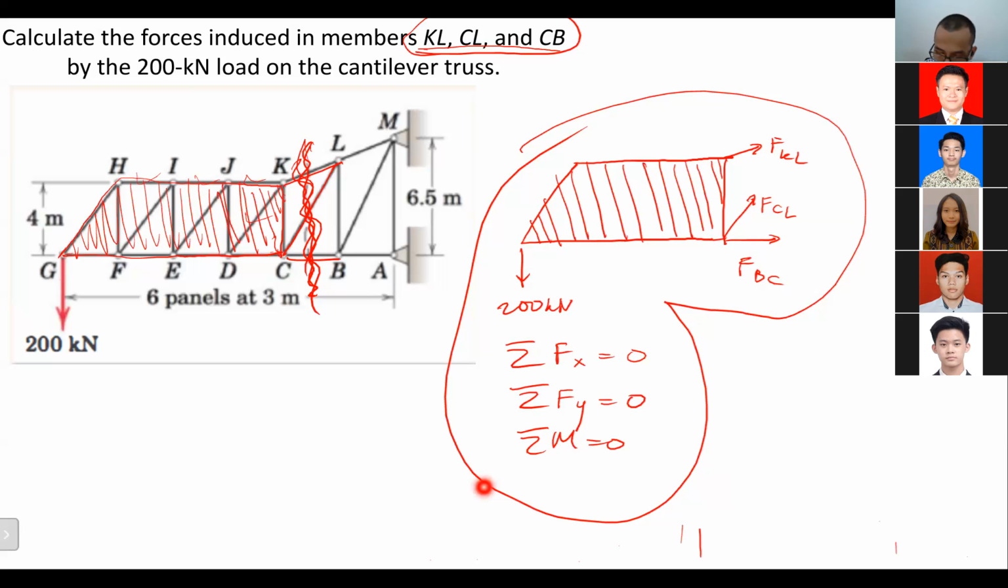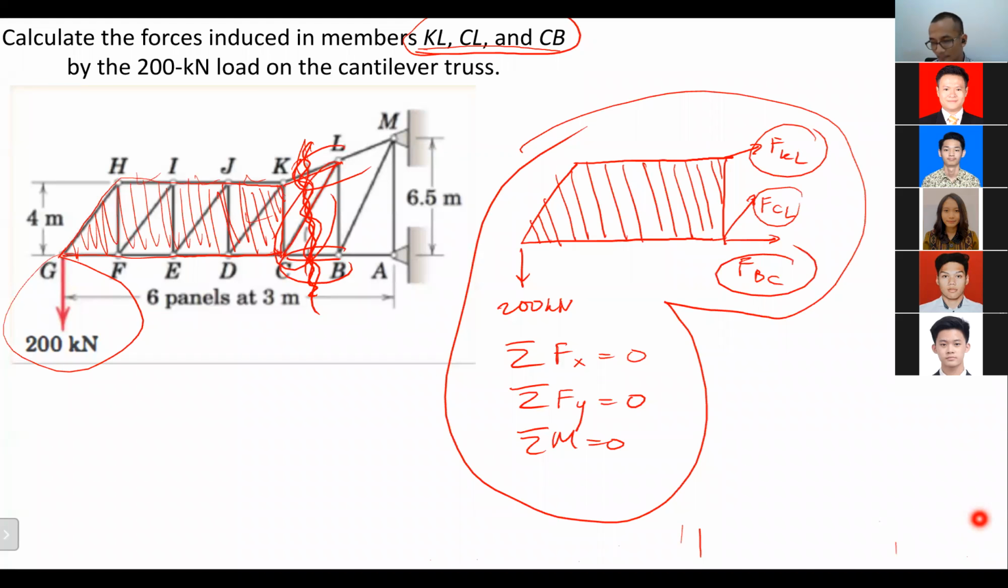The external forces there will be just this one, 200 kilonewton, and FBC, FCL, and FKL. That's why I can solve for FKL, CL, and BC by doing so.